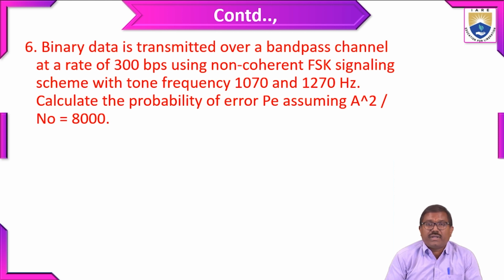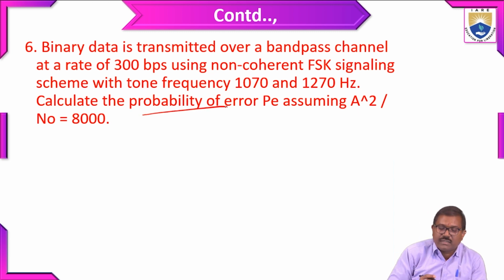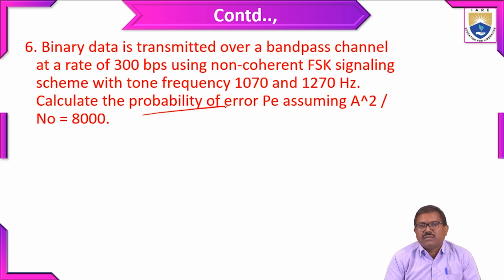Calculate the probability of error P assuming A square by N naught is equal to 8000. Okay, so this is also regarding FSK, but it is a non-coherent version and some given data also changed. So here we go to find finally the probability of error P for non-coherent FSK.